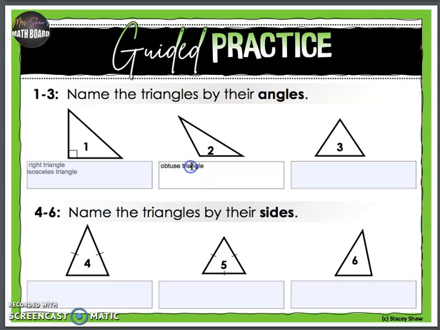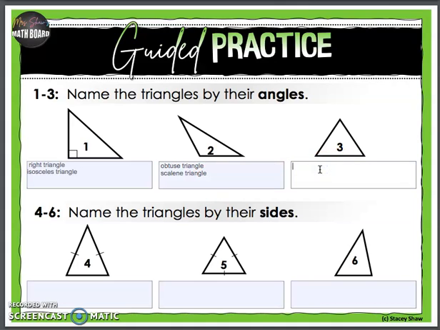I'm just going to copy this word triangle so I don't have to keep typing it. Okay, and then we can also look at the sides on this one, and none of the sides are equal, so we can call it also a scalene triangle.